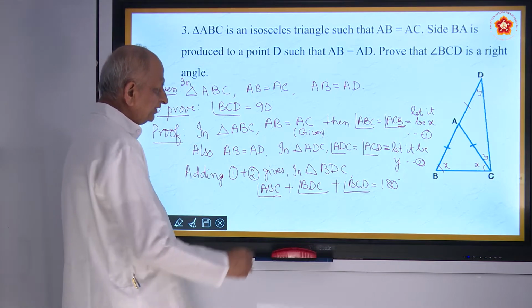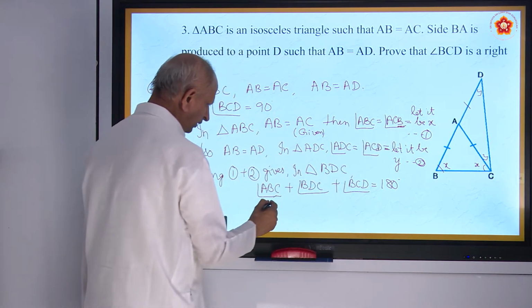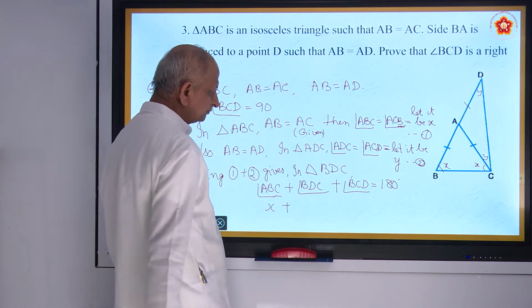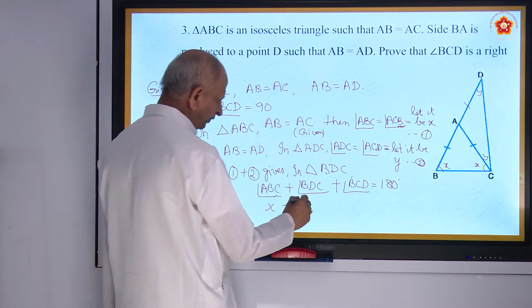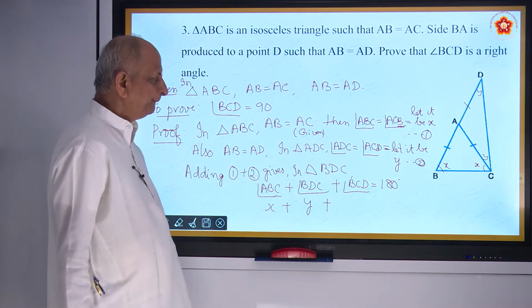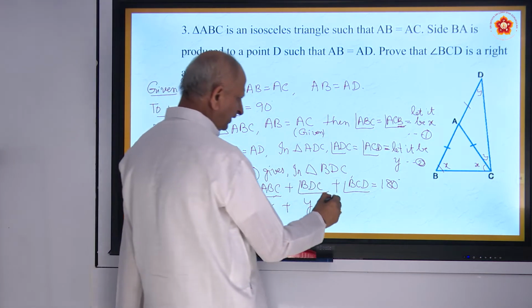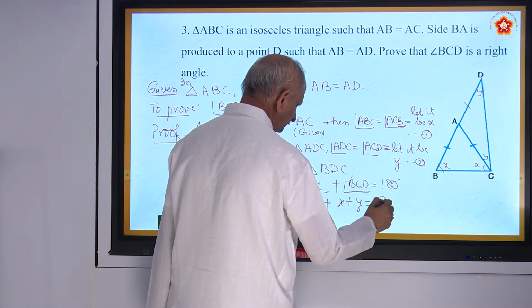So here what is ABC? ABC is nothing but X we have taken. What is BDC? BDC is Y we have taken. And what is BCD? BCD consists of two angles, namely X and Y, is equal to 180.